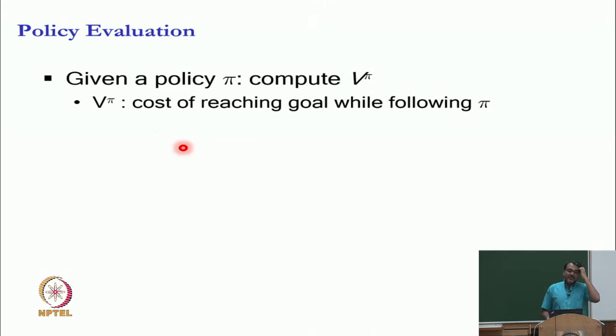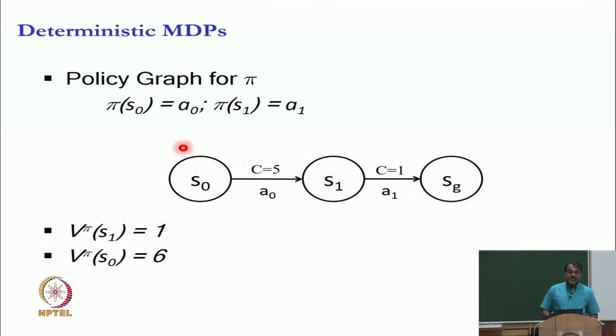Okay. The policy evaluation problem is, given a policy pi, which is a mapping from states to actions, compute V of pi, that is cost of reaching the goal following policy pi starting in every state. Now, let us build it up again. So, this is not going to be very hard. If I am giving you a deterministic MDP, with every policy I can write down a graph for it.